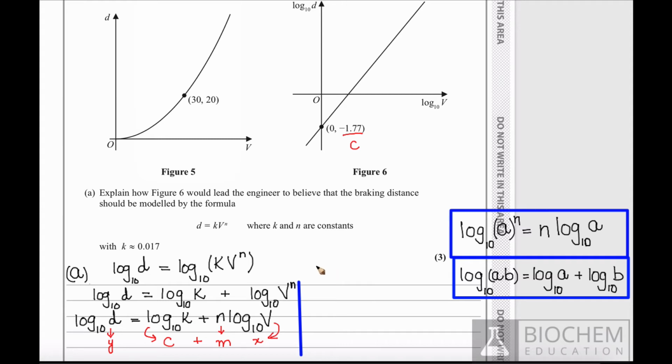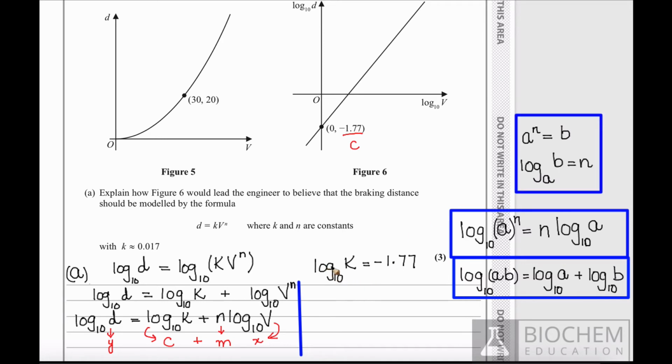So writing on this side, I can say log to the base 10 of k equals c, which is negative 1.77. Now I need to find k. In order to do that, I will have to remove the logs on the left-hand side. So we can remove these logs by remembering that a to the power of n equals b can be written in logarithm terms as log to the base a of b equals n, and vice versa.